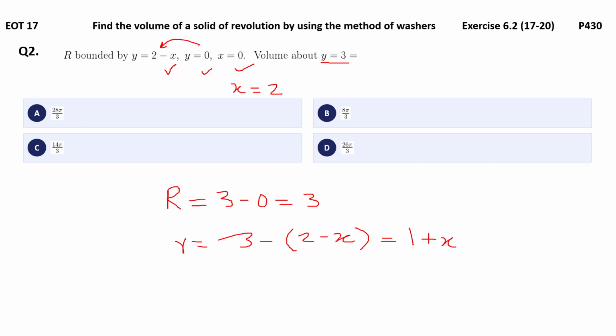So when you substitute in your volume, pi times integral 0 to 2, 3 square minus 1 plus x square dx. That's nothing but 28 pi by 3.